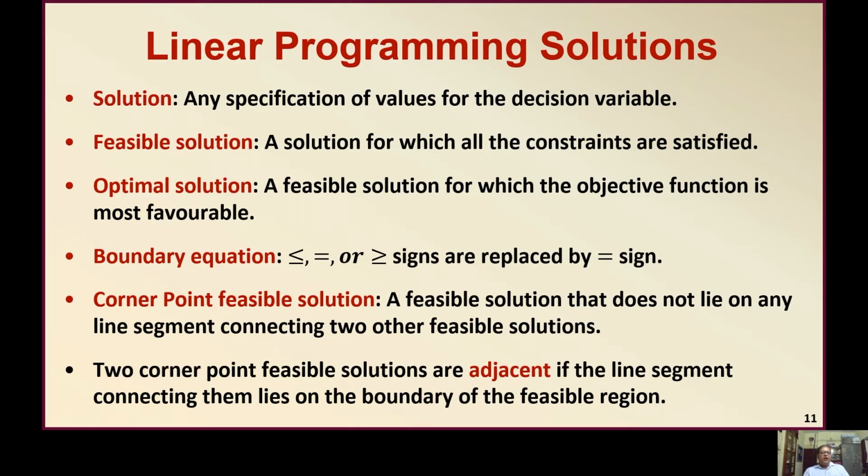So those are basically corner points, in the sense that where two constraint lines cut is a corner point solution, but it has to be feasible as well. Now, two corner point feasible solutions are adjacent if the line segment connecting them lies on the boundary of the feasible region. I'll explain them with some graphical solution that will be easy to understand.